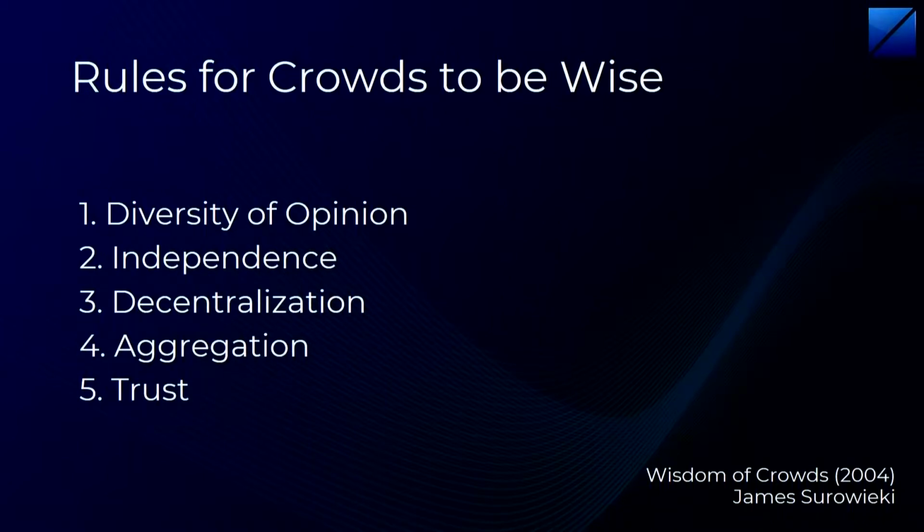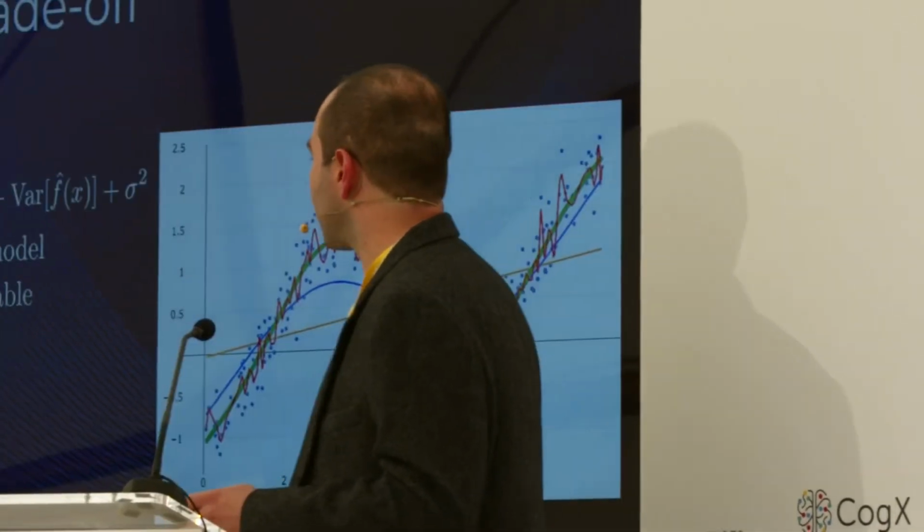They need to be independent, making their predictions independently of each other. Ideally, they need to be decentralized, so as diverse a group of people as possible, geographically separated. There needs to be a way of aggregating that information between all of those different agents. And there needs to be some way of establishing trust, a way of ensuring that they have confidence in how the system works, and also having limits on their behavior.